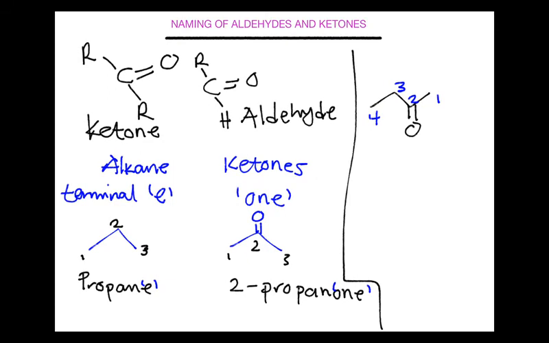So we start from the far right, numbering 1, 2, 3, and 4. In this case, carbon number 2 has the functional group of ketones, so it's going to be 2-butanone. If this were an alkane, it would be butane, but over here it is butanone. We are replacing the terminal E with ONE. Don't forget that.